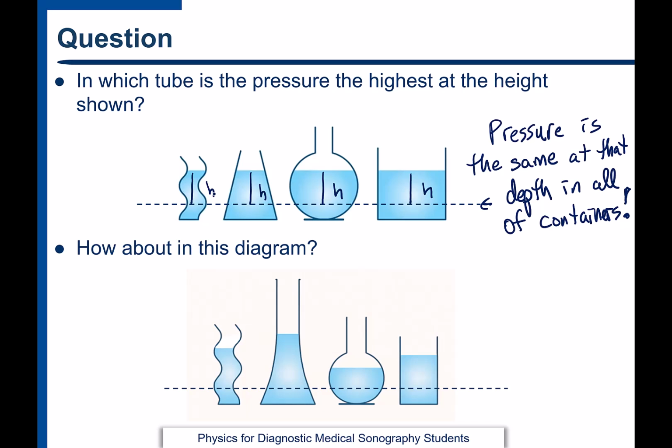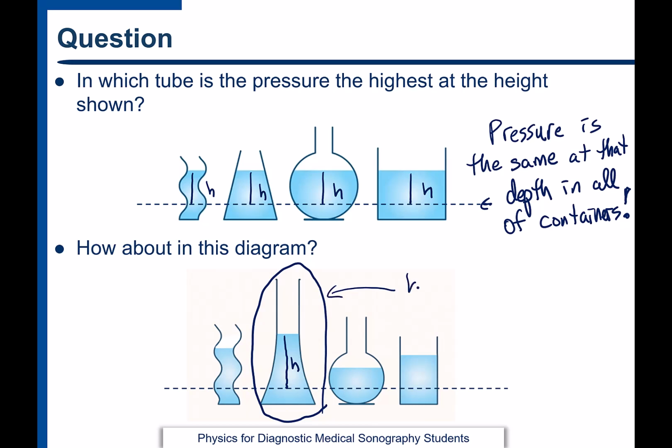But if we now look at the next one, which of those would have the highest pressure at the dotted line? Hopefully you answered this one, and that's simply because the depth is the greatest in that case. So because the water level is highest there, at the dotted line we're down the farthest in the water, and therefore it would be the highest pressure.